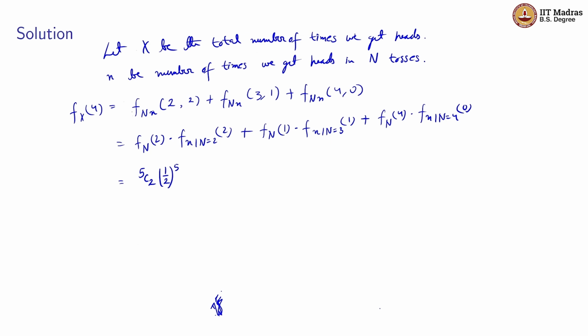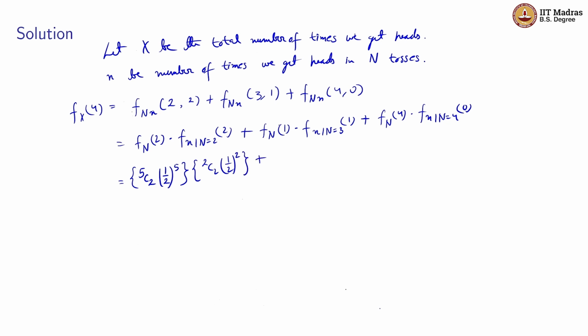And the conditional probability that small n is equal to 2 given capital N is equal to 2: here we have to find the probability that we are flipping the coin 2 times and we get heads 2 times. So this will be equal to 2c2 into 1 by 2 raised to the power 2.